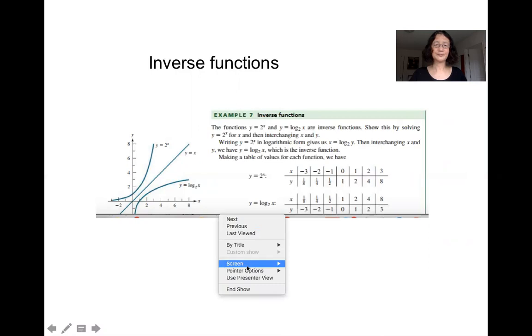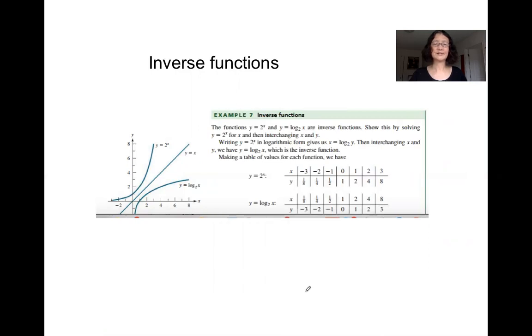Inverse function. So far, we did exponential function y equal to 2 raised to power x, and this is the graph. And we also did log function y equal to log base 2 of x, and this is the graph.